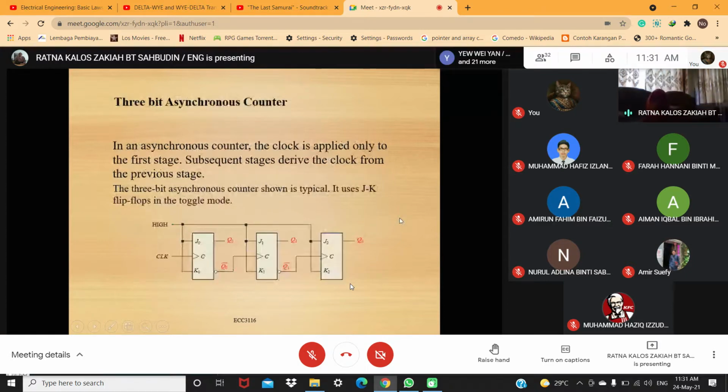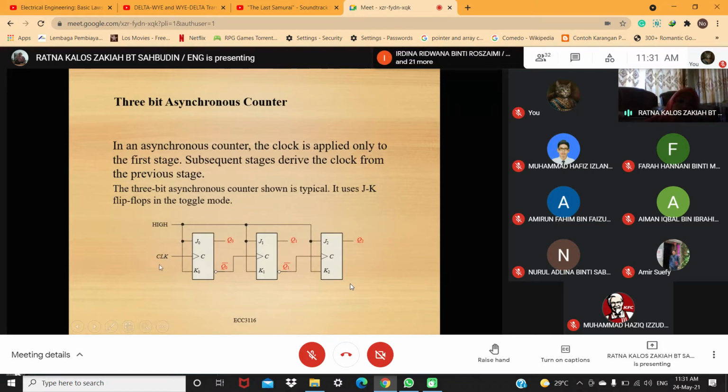Now we look at the 3-bit asynchronous counter. Pay attention here, you have asynchronous. In an asynchronous counter, the clock is applied only to the first stage. So this is called the first stage, second stage, and third stage.